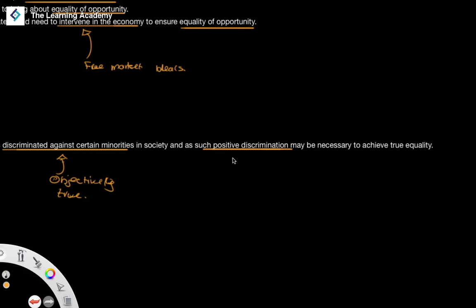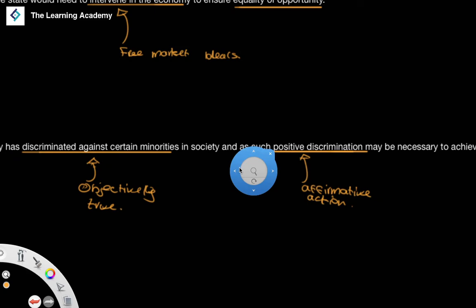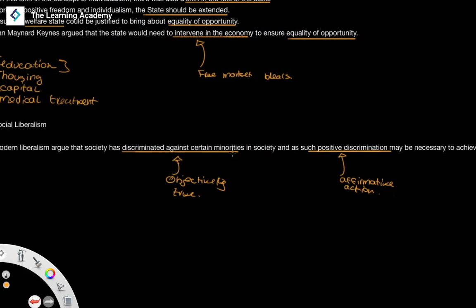And that may be necessary to achieve true equality. This can exist in a number of forms, things like affirmative action programs. Okay, so affirmative action, whereby we have these minorities within society that are discriminated in a positive sense. People are discriminated in favour of these minorities to try and balance out the system.